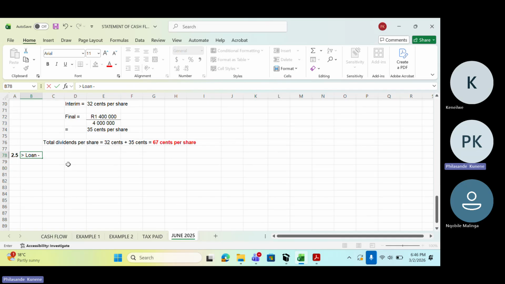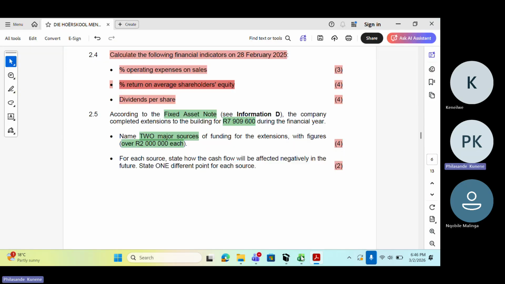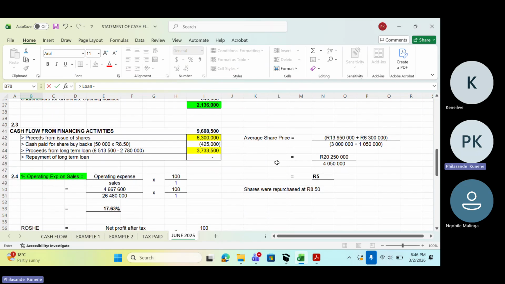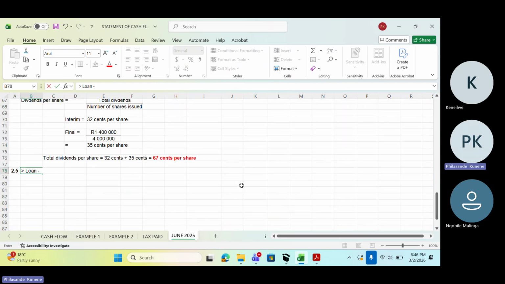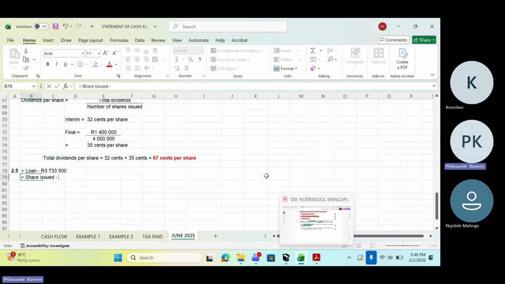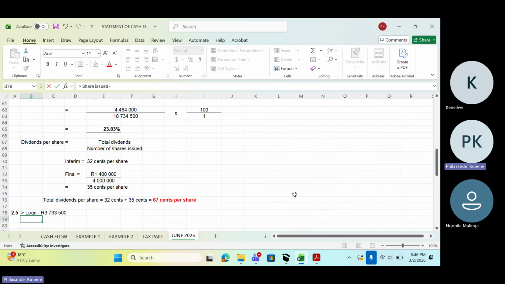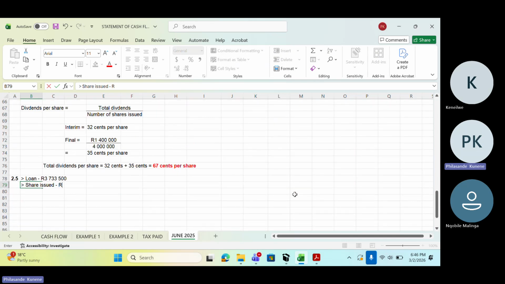I need to show how much was that loan. 3,733,500, because they said we must. And then the second one is shares issued. How much did we get from those shares issued? 6,300,000 rands.